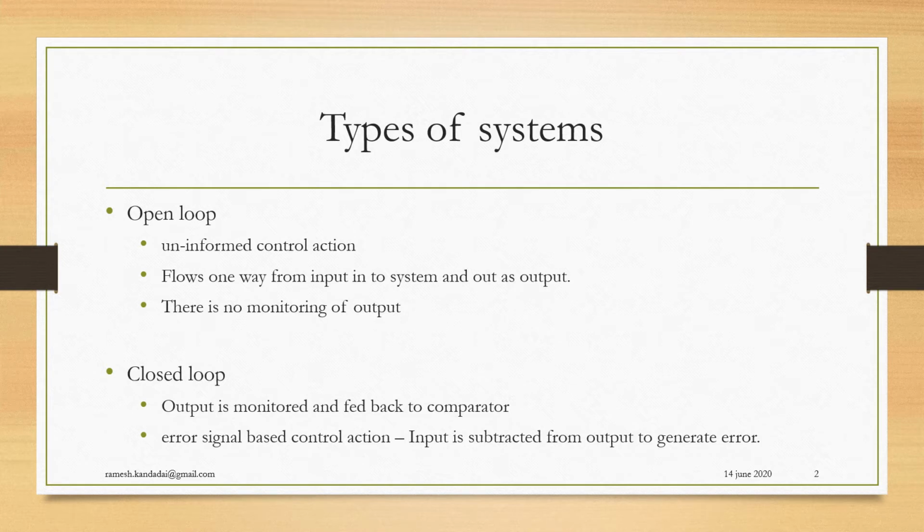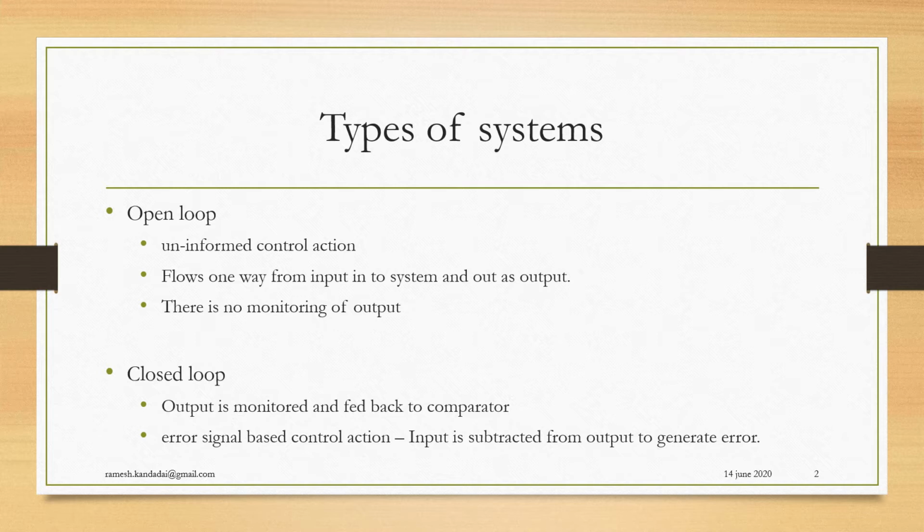When you look at a system on the outside, you will find that there are two types of systems. One is a system in which once you give the control action, you pretty much forget about what's happening because the output is going to happen without any interference from your side, nor will you know what the output is.